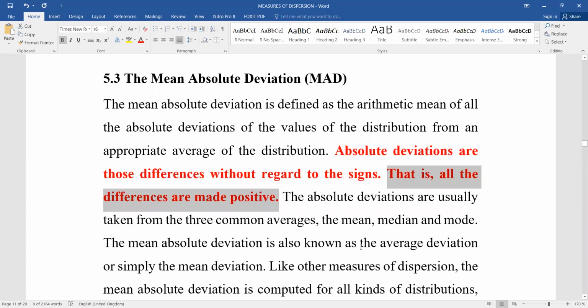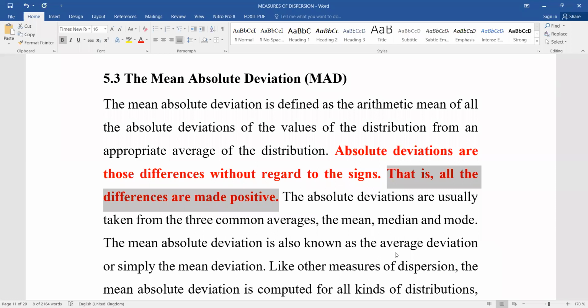The absolute deviations are usually taken from the three common averages, that is the mean, median, and the mode. Mean absolute deviation is also known as, simply, the absolute deviations are made positive.